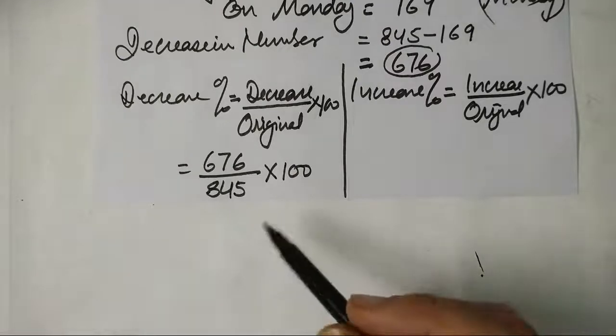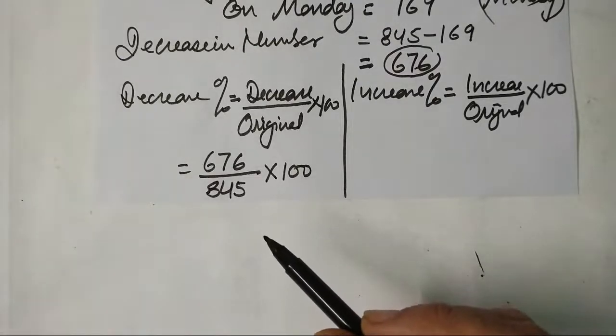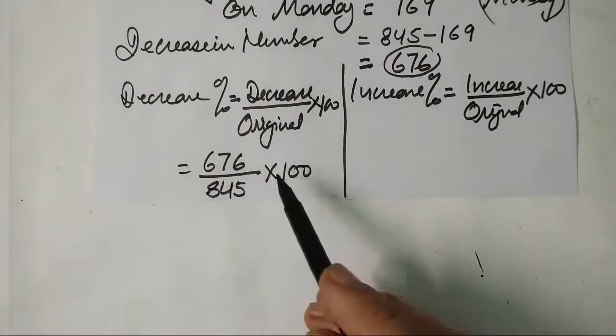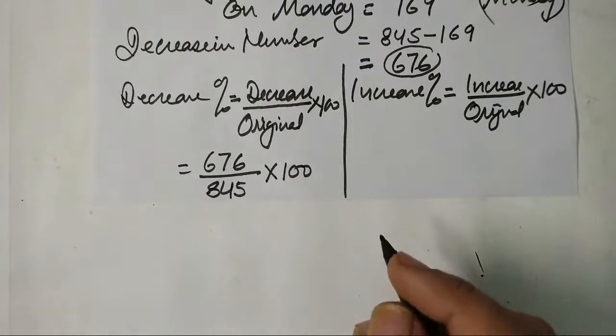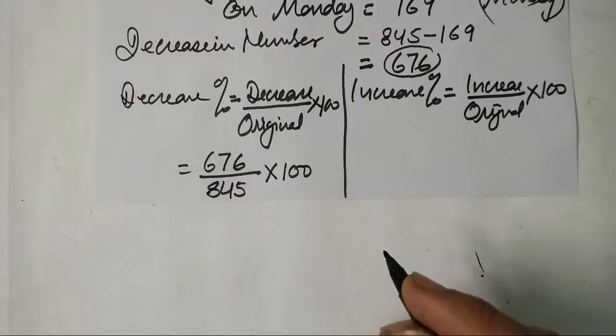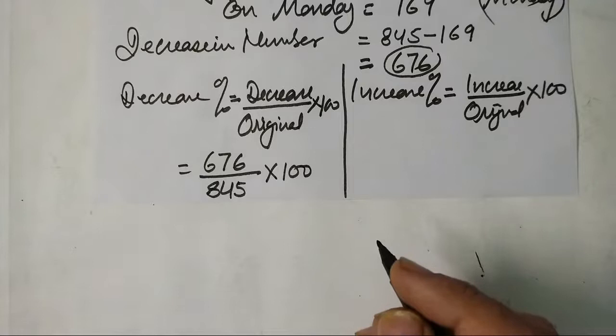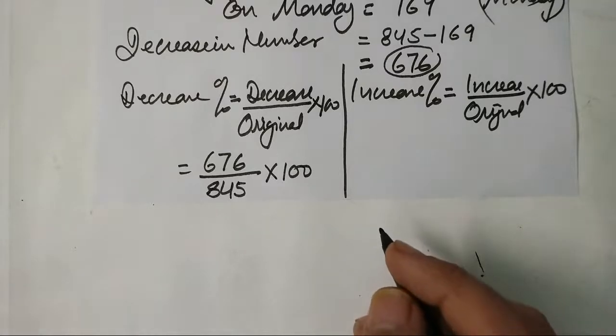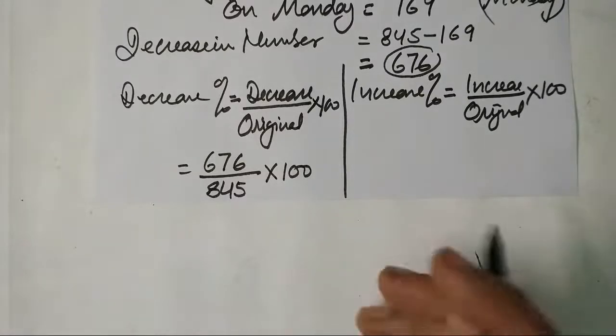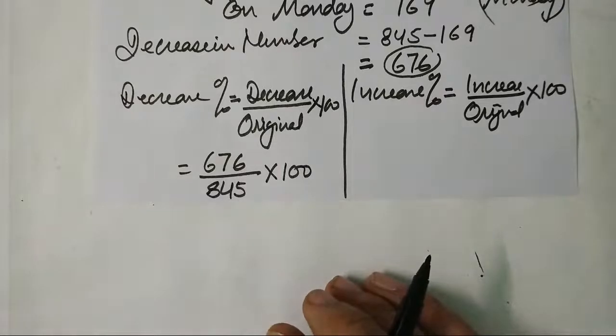This will give you the answer of the decrease percent. So if you simplify, you will get the answer whatever is the decrease in percent. So this is how you will do question number 2, and both question 1 and 2 are important in a way that they are explaining the concept of increase and decrease.